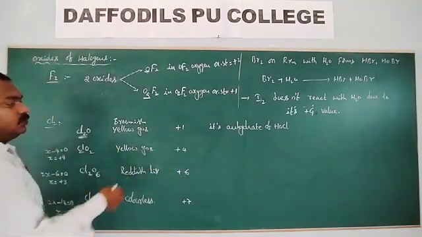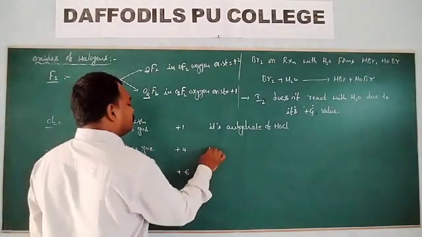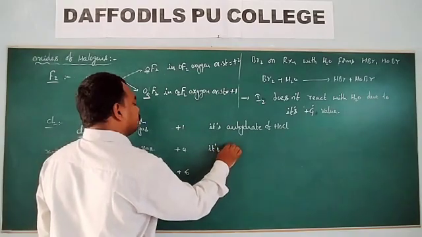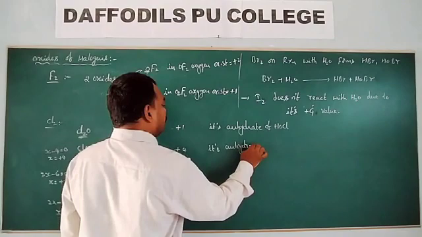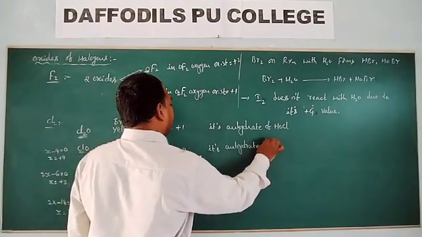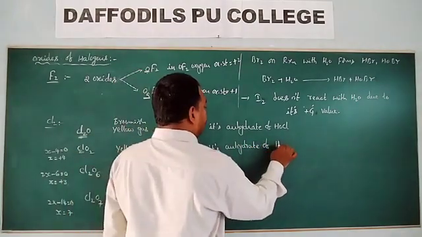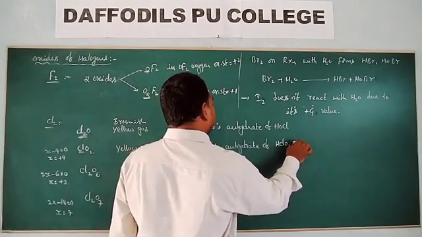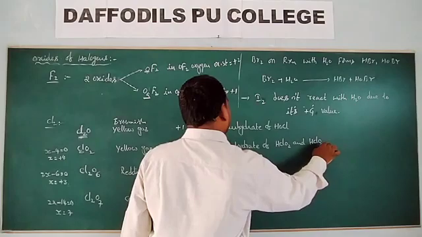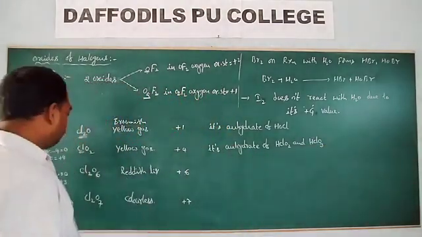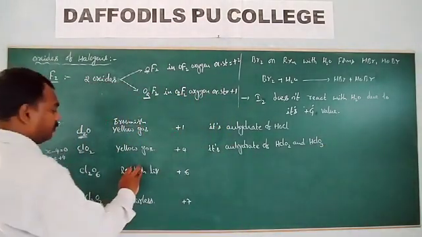Next, ClO2. It is an anhydride of HClO2 and HClO3. Next, reddish brown color, this one, Cl2O6.